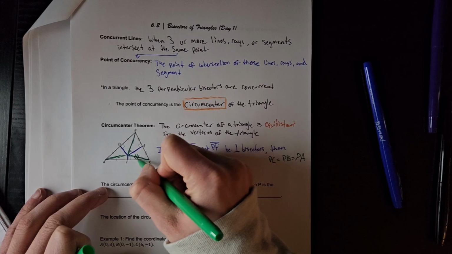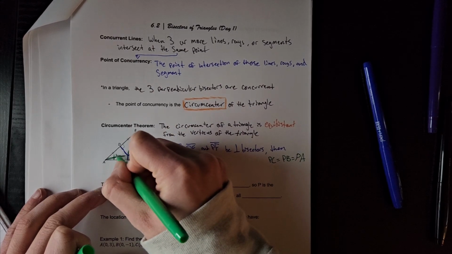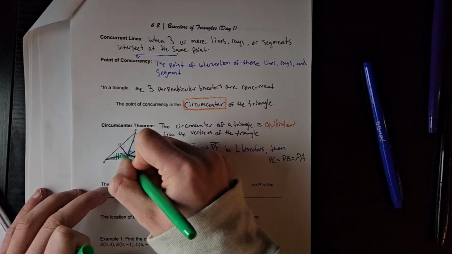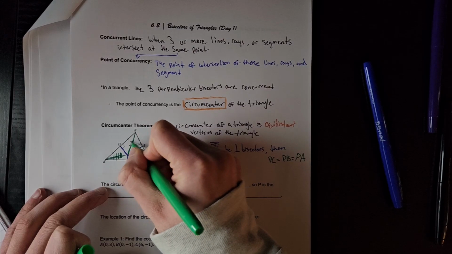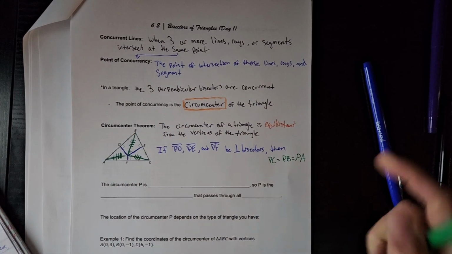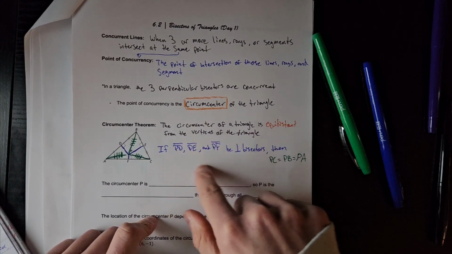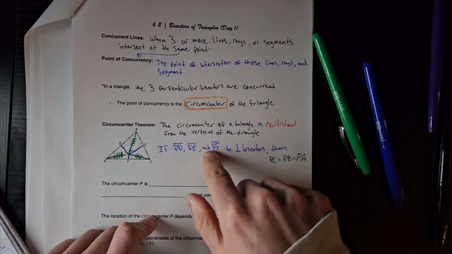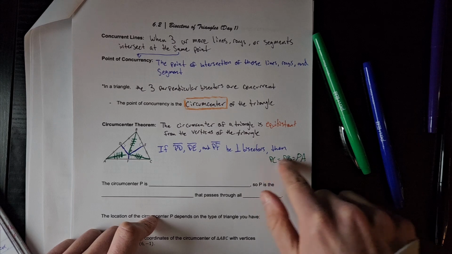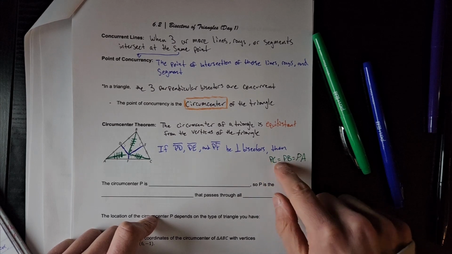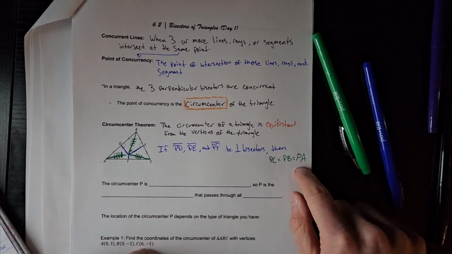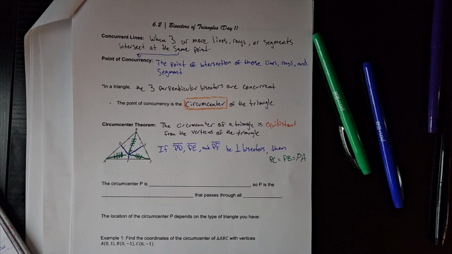So adding more congruent marks, this would be our fourth set of congruent marks. So if the blue is true, if they're perpendicular bisectors, then PC is equal to PB, which is equal to PA. Cool.